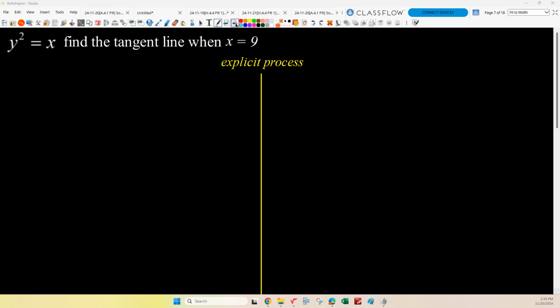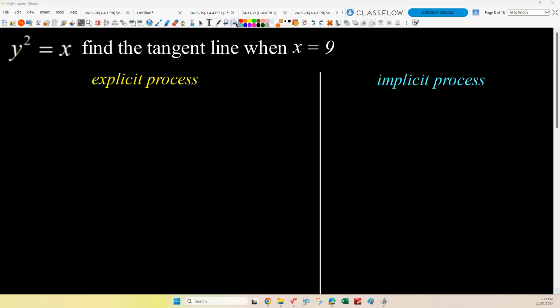What if we do this? So that was our explicit process that we just did. I'm not going to rewrite it here. Let's do this implicitly.